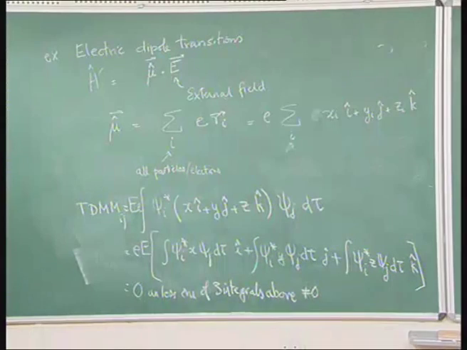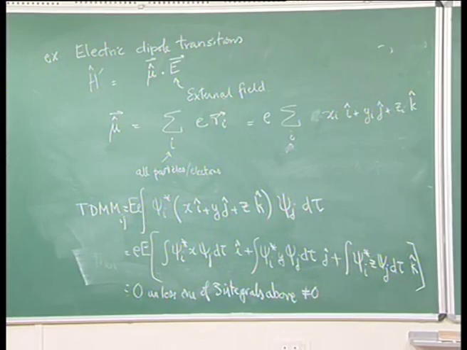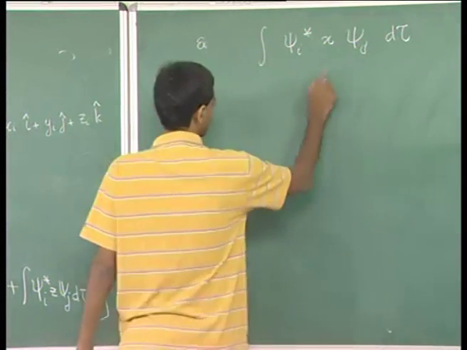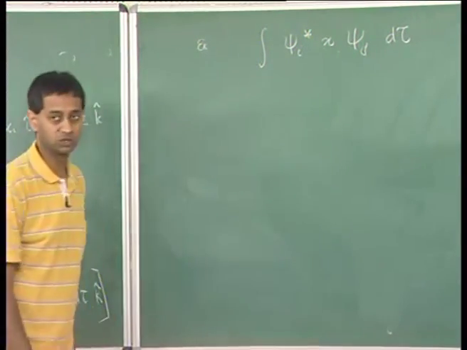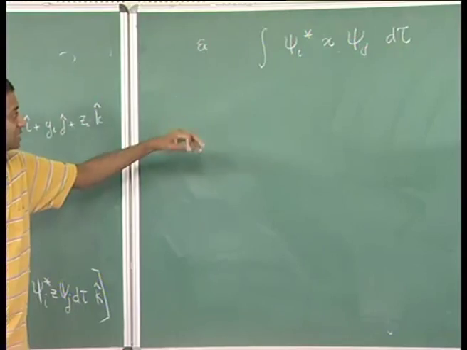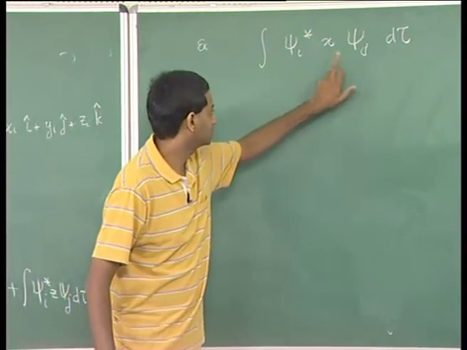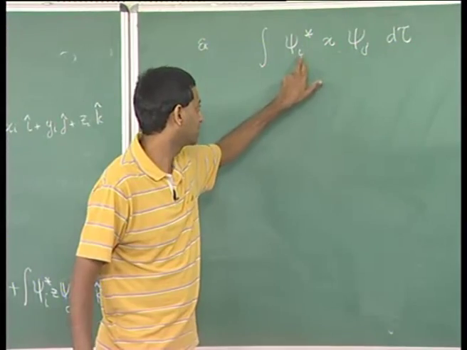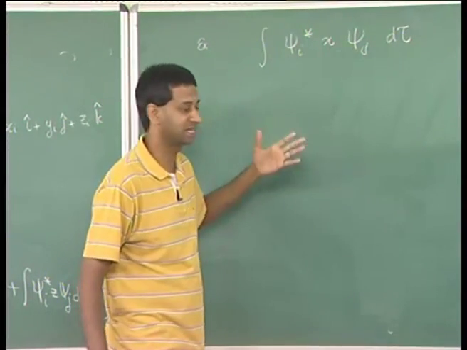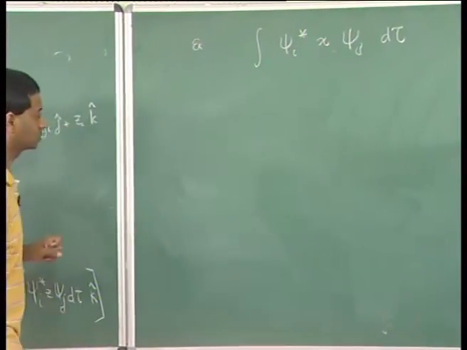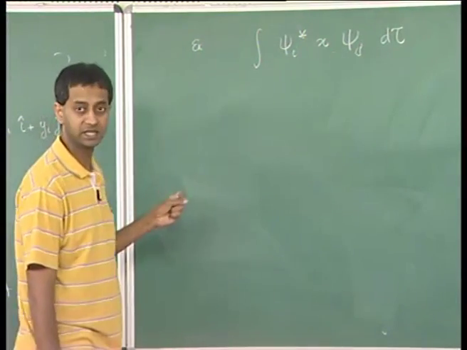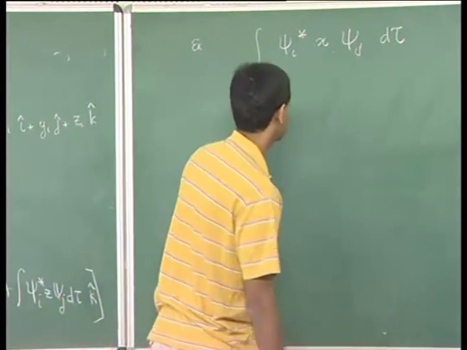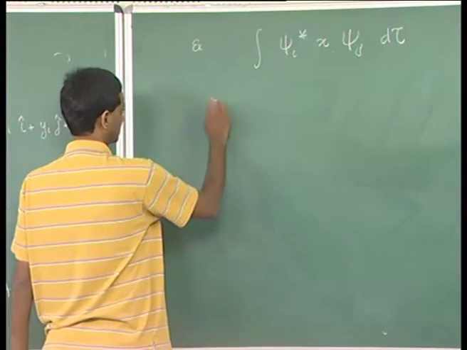Now if this transition dipole is non-zero, if this is not equal to 0, then we say that the i to j transition is allowed with x polarization. So the question is, when is this i to j transition with x polarization allowed?